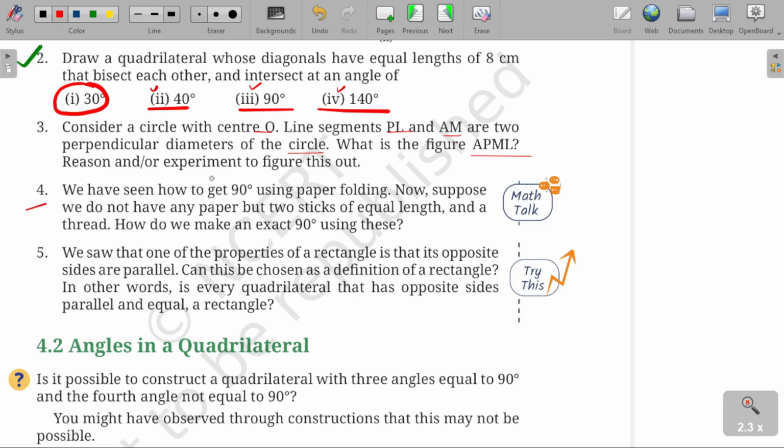We have seen how to get 90 degree using paper folding. Now, suppose we do not have any paper but two sticks of equal length and a thread. How do we make an exact 90 degree using these?